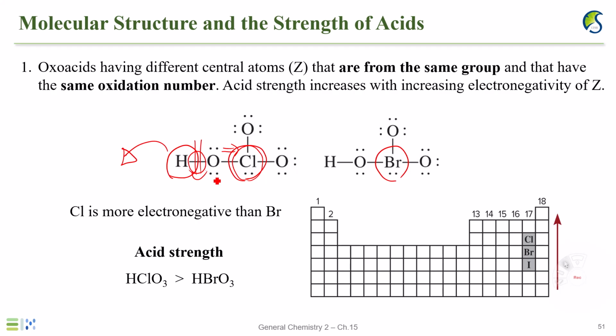So if you compare the oxo acid with Cl and the oxo acid with Br, you will have this relative acid strength, because the H proton from HClO3 is easier to be detached. So the acid strength will be higher for HClO3.